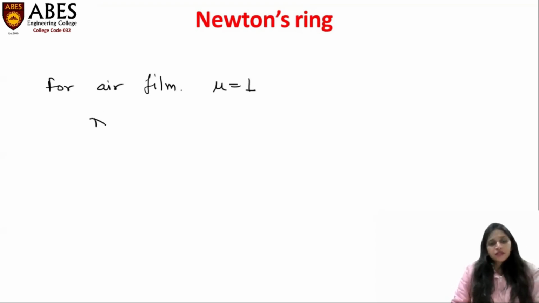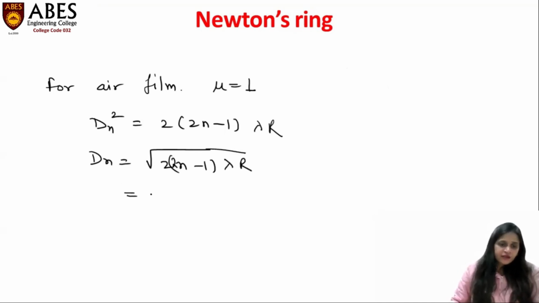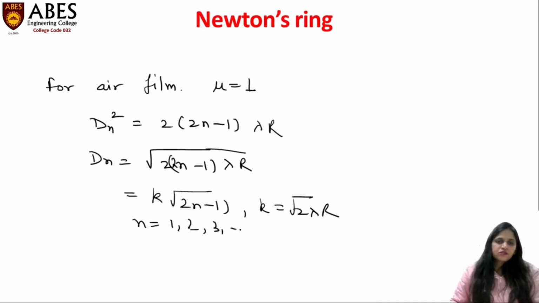So Dn square is equal to 2n minus 1 lambda R, or Dn is equal to the square root of 2n minus 1 lambda R. I can write this as k under root 2n minus 1, where the value of k is under root 2 lambda R, and n stands for 1, 2, 3, and so on.